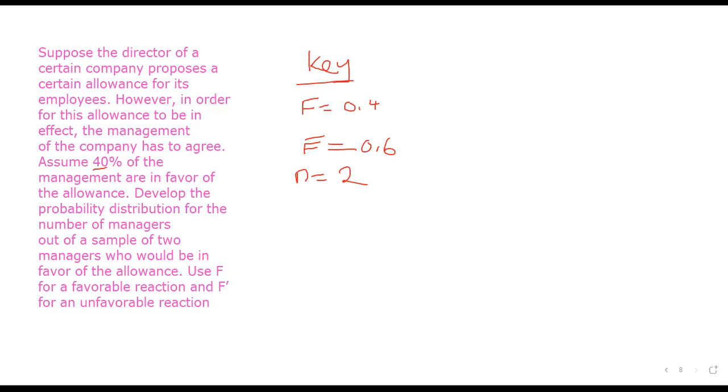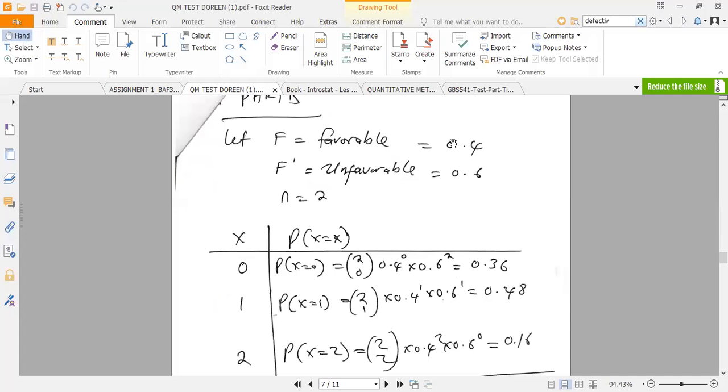In this probability distribution function, you need to basically understand that we're using a binomial distribution here, first of all, to calculate the probability of each of them. And favorable is 40%, and unfavorable is 60%, and the sample size is 2.